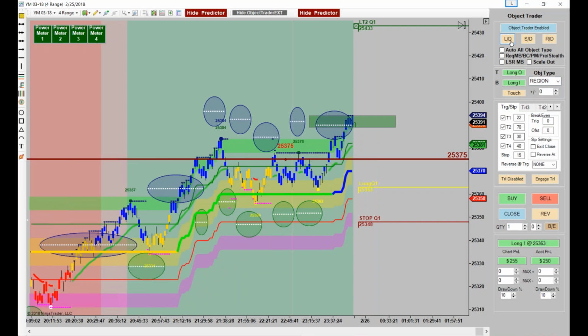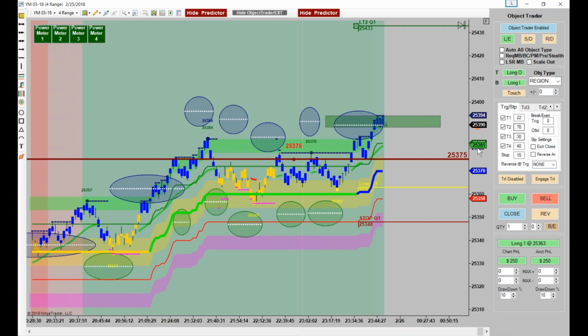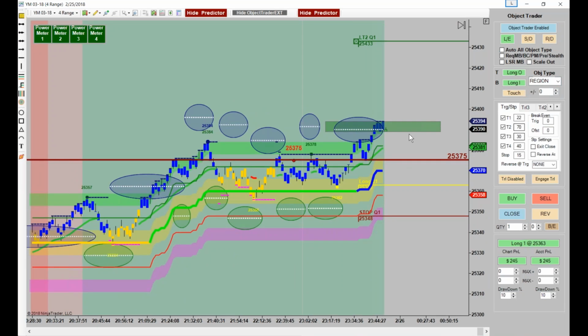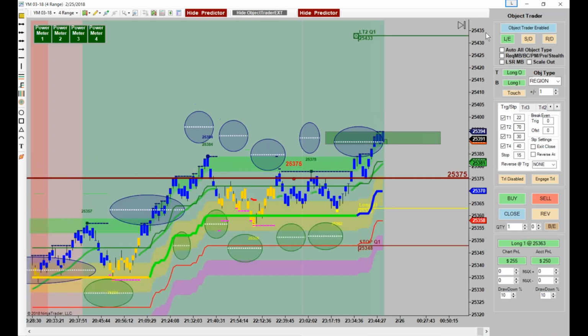And we'll go for a touch. And we'll see if we can get one added to this thing real quick. Now it's got to touch it, or like even touch plus one, or it's going to have to go out of the top of it. If I do touch plus one, if it comes to even within one tick of the bottom of that box and then bips back up one tick, it'll fire one contract.